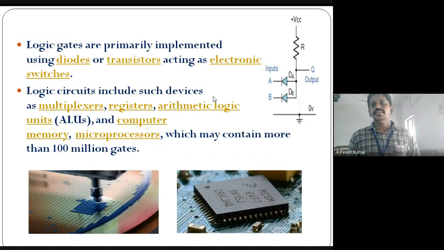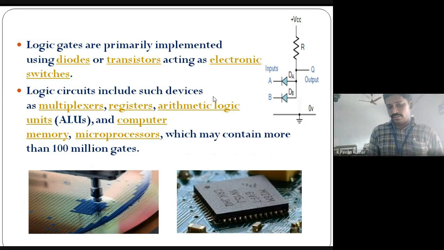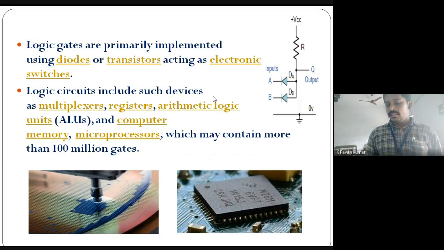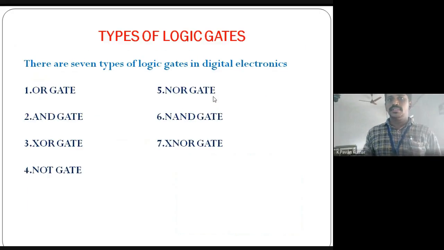Computer memory devices, ROM and RAM, are fabricated using these logic gates, and also microprocessor chips. You have to look at the figures. The microprocessor chips are made from the basic logic gates, which may contain more than 100 million gates.